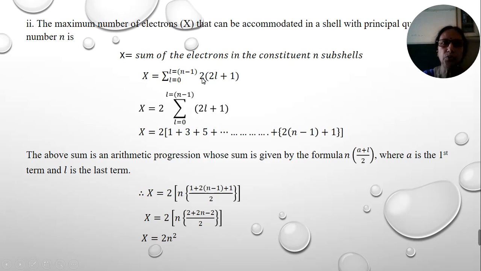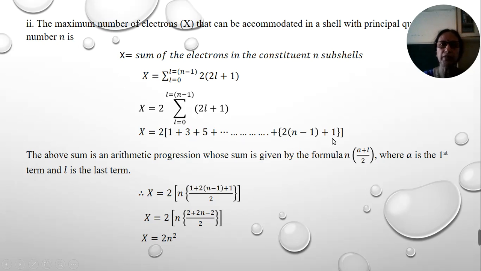So 2 we have to take out of the summation here. So the sum can be written like this. You just go on, put the values, the limits of this, that is L equal to 0, 1, 2, 3, etc. We will get the sum like this, for the lower limit as well as for the upper limit.